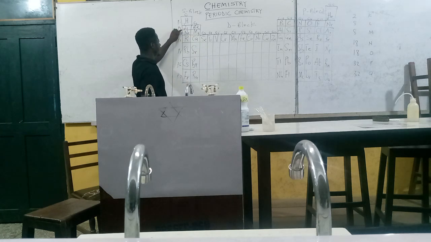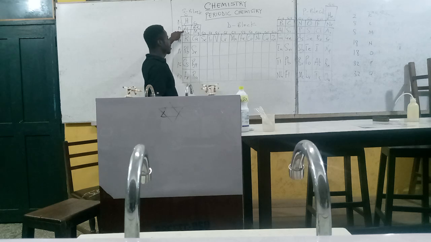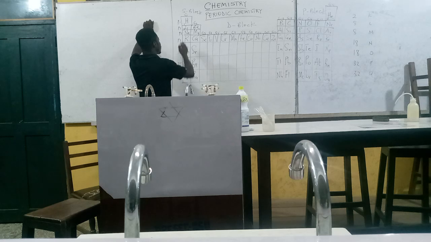That is the atomic number for lithium. From this to the next period, we have 8 elements, so we just add 8 to this 3. So 8 plus 3 gives me the atomic number of the next element, which is 11.